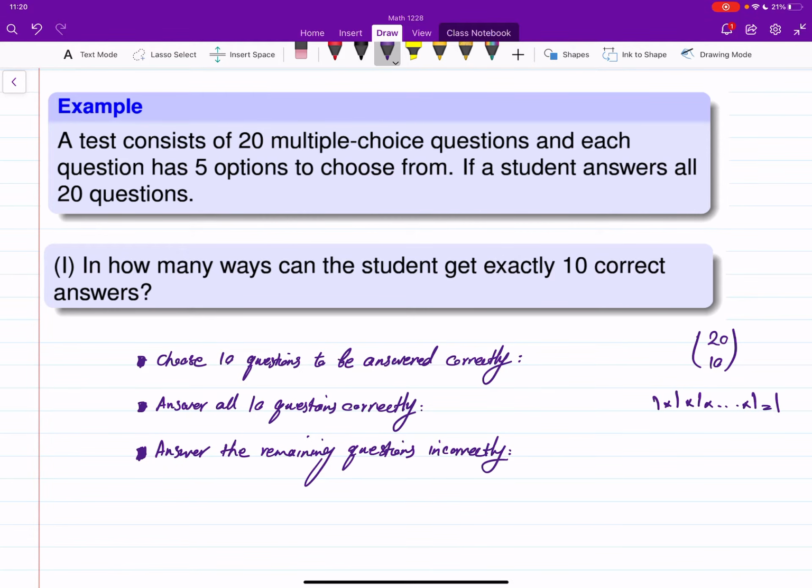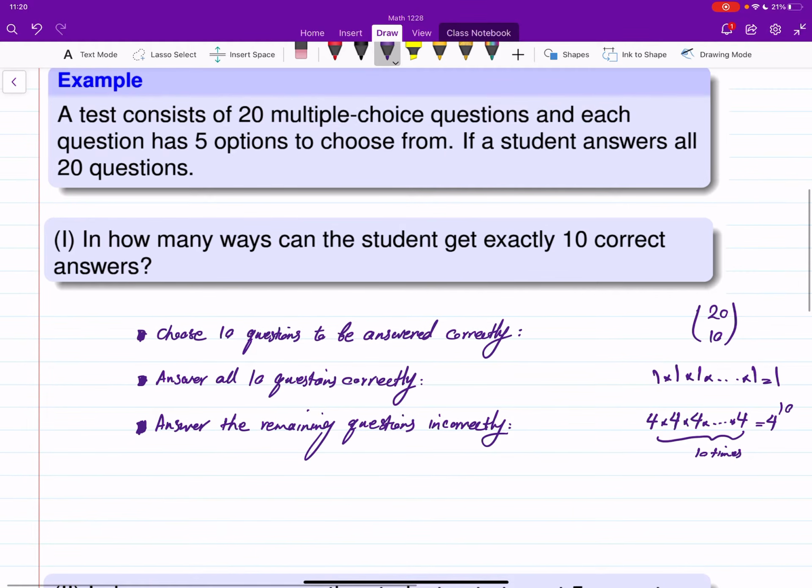The rest, 4 of them, any of them we answer, it will be wrong, yes? So for the first out of this remaining 10, there are 4 options. For the second out of the remaining, there are 4 options. Only one of them is correct, the rest are wrong. Thus you continue. You see that you multiply 4 to itself 10 times. That means we have 4 to the power 10.